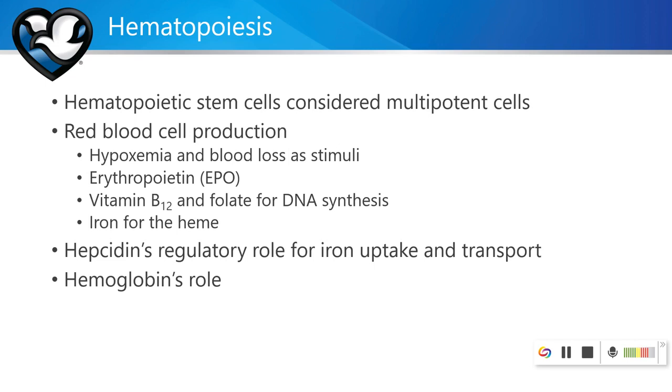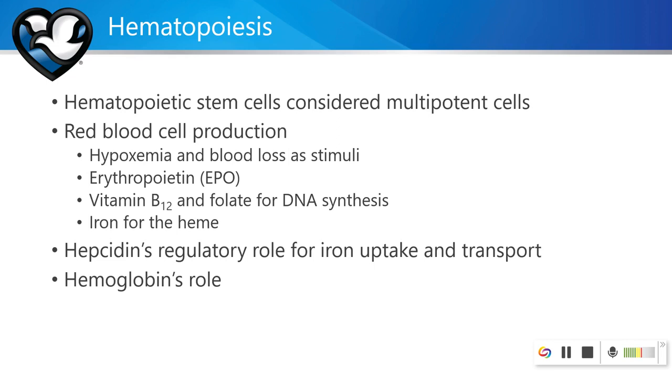Hematopoiesis is the process of blood formation, and it occurs primarily in the bone marrow, specifically the red marrow. This process requires an adequate supply of hematopoietic stem cells, which are considered multipotent cells in that they can differentiate into all blood cell types.